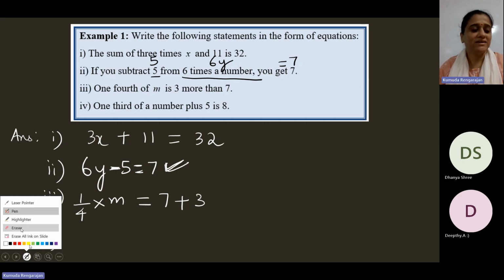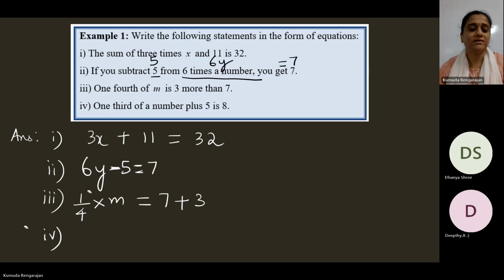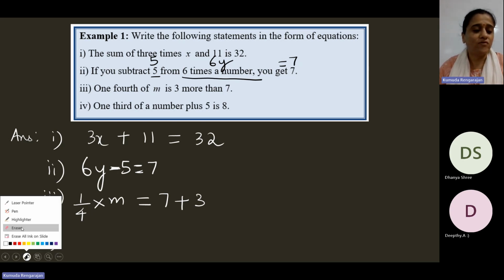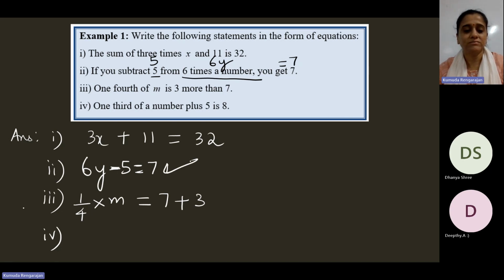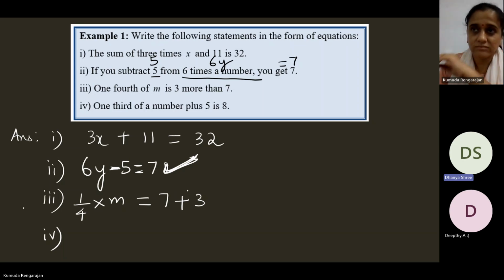Dania, tell me, what's the other way of expressing the second one? The difference of 6 times a number from 5 is 7.